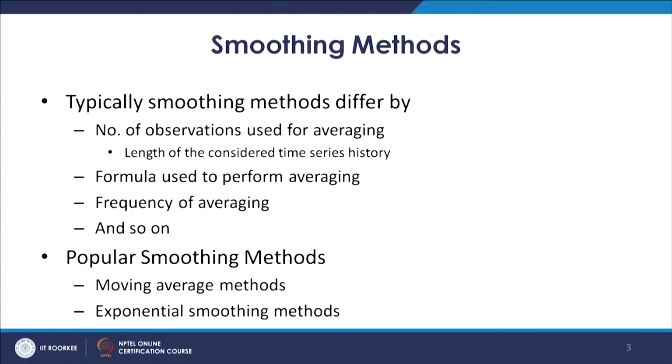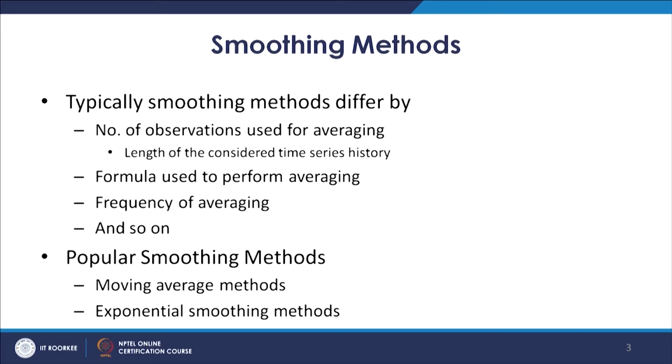The number of observations to be used for averaging, which is part of these smoothing methods, itself creates different types of smoothing methods. So, the length of the considered time series history is one variation.